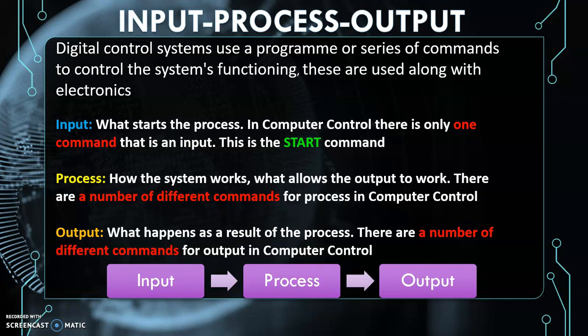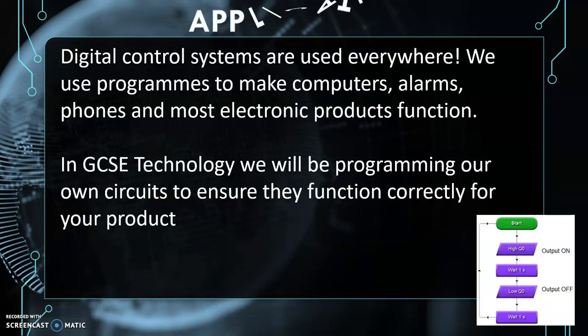So process then is how the system works, what allows the output to work. There are a number of different commands, and then your output is a result of what happens, and there are a number of different commands for them. So applications are used everywhere. We use programs to make computers, alarms, phones, most electronic products function.